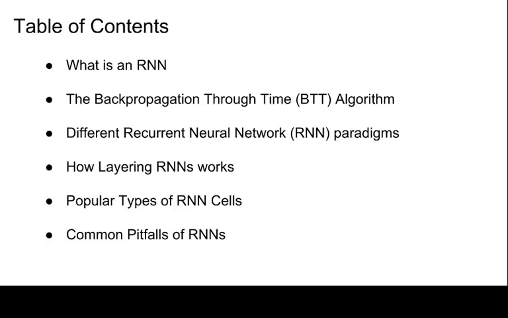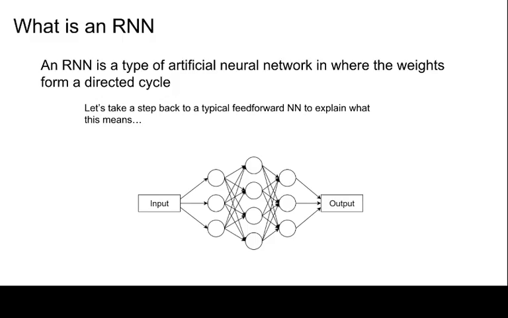What we're going to cover: what is an RNN, the backpropagation through time algorithm, which is the way that you train these RNNs, different ways that you can use RNNs in your systems, how you can layer these RNNs together to do the same layering that you've got in feedforward neural networks, types of RNN cells, and then simple ways that you can have these things fall apart if you use them incorrectly.